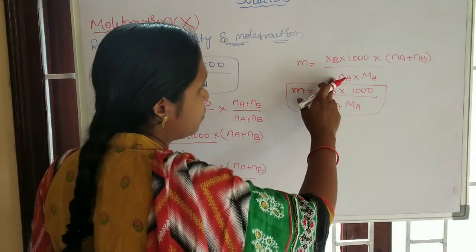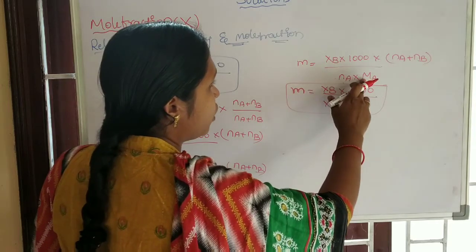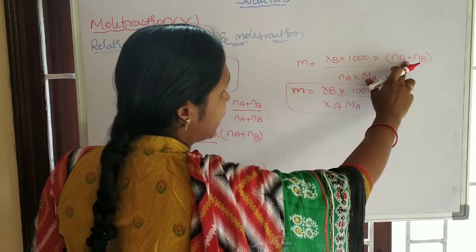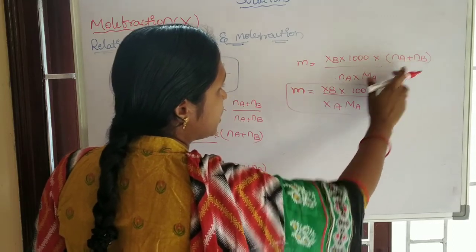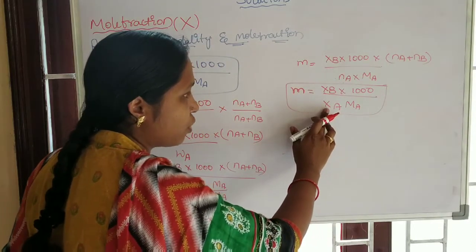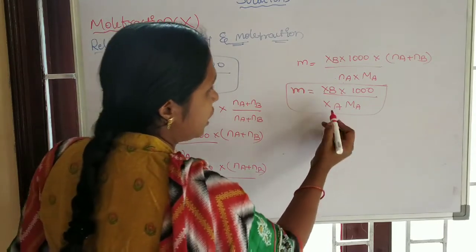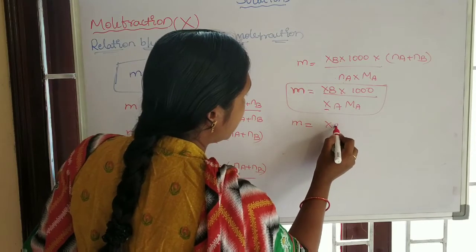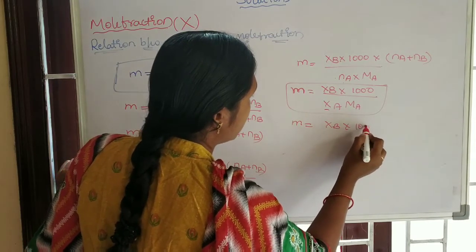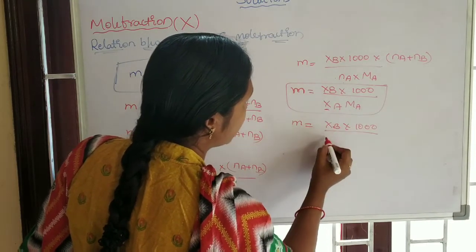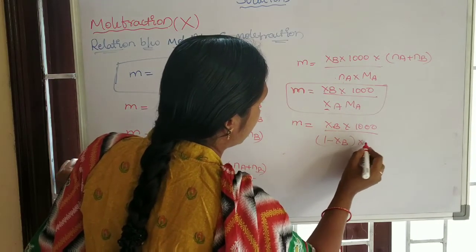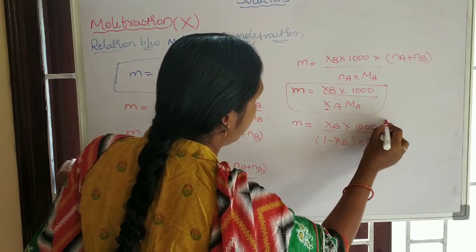We get the number of moles of a solvent into molecular weight of a solvent. Number of moles of solvent by number of moles of solvent plus solute is nothing but the mole fraction of a solvent. Here in the place of Xa, we will take Xb into 1000 by Xa, which is nothing but 1 minus Xb, also into molecular weight of solvent.